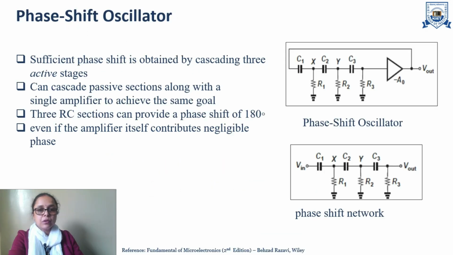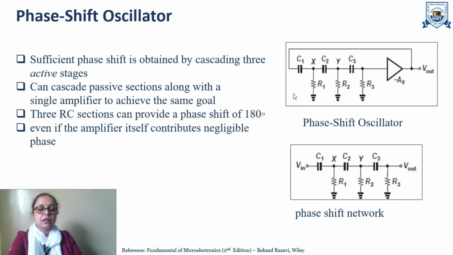So in both the oscillators, that is Wien-Bridge and phase shift oscillators, we have calculated the frequency of oscillation. And how have we calculated it? Let's say this is the oscillator. First we calculated the gain of this feedback network, and we multiplied this feedback network gain with the amplifier gain.